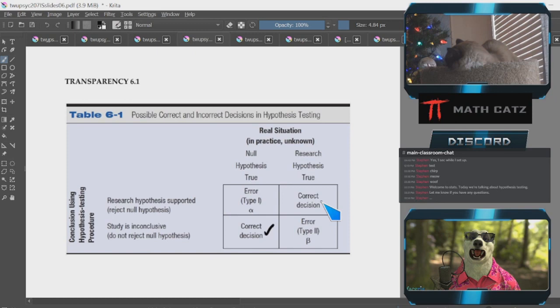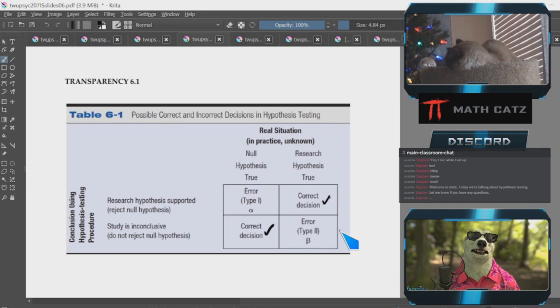However, the research hypothesis is true. The null hypothesis may in fact be false. We should reject it. However, we might not. If we base it on our sample, and our sample is just not putting us in a position where we reject, we do not reject the null hypothesis when we in fact should.